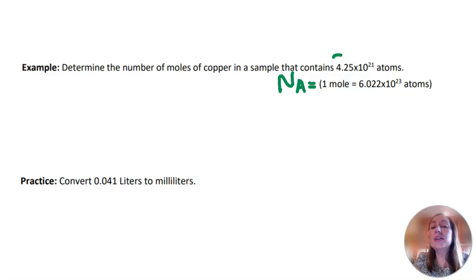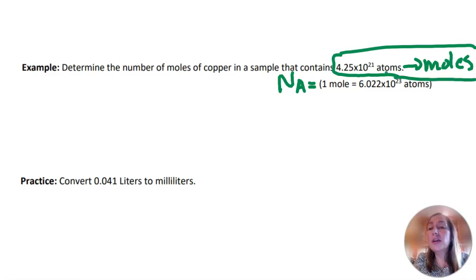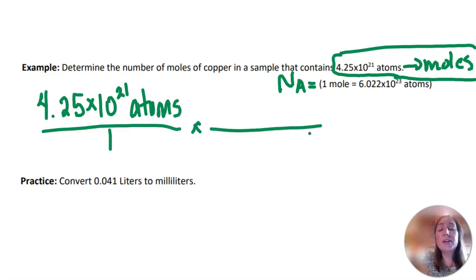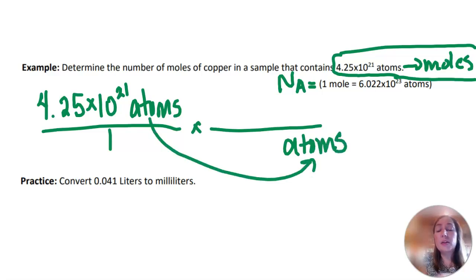So, here's our number of atoms, and we're trying to get to moles. So there's our known in atoms, and we're trying to get to moles. So we're going to write down our known, 4.25 times 10 to the 21st atoms. We're going to put that over 1. We are going to bring down atoms because we're putting those in the basement. We're going to donate them soon, get rid of them. And we want to get to moles.